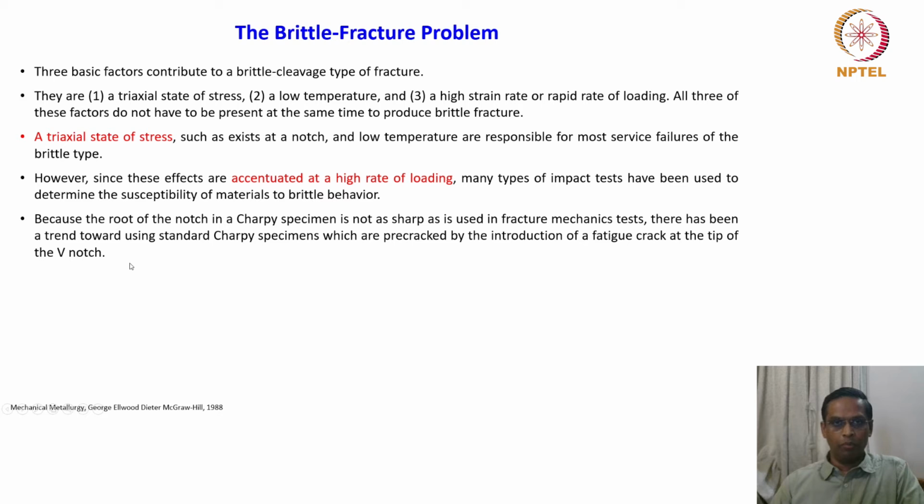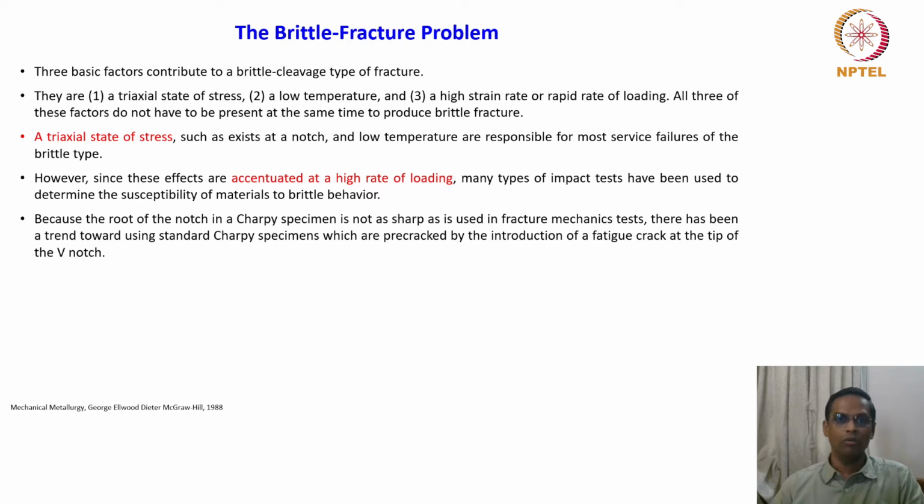See, the 0.25 mm root radius is a standard Charpy impact test, which is normally practiced in most of the industry and R&D sector. But people believe that this 0.25 root radius is not a true fracture. I mean, the root radius is not sharp enough to assess the fracture toughness of the material.